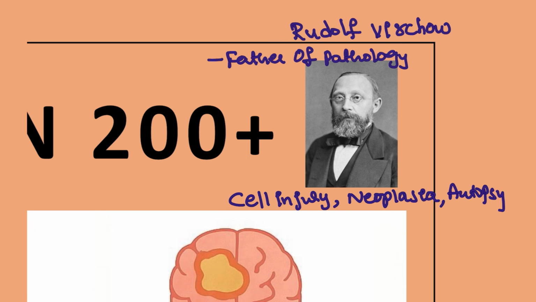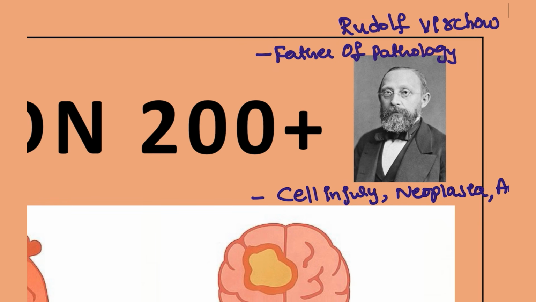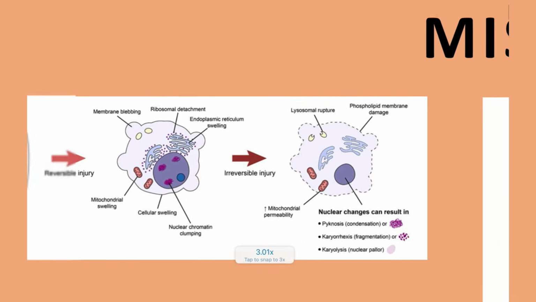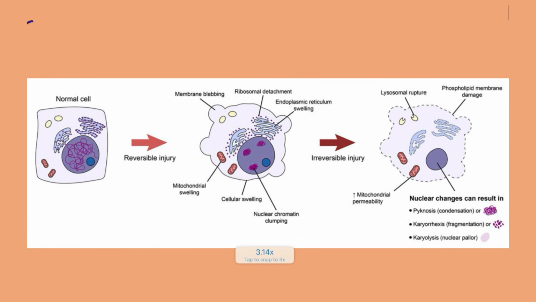But at the same time, Rudolf Virchow is the most controversial figure in history because he completely denied the germ theory, which later proved to be true. His contributions in pathology were well known, but in microbiology he always debunked the germ theories and Koch's postulates, and never accepted them. So let's start the discussion.